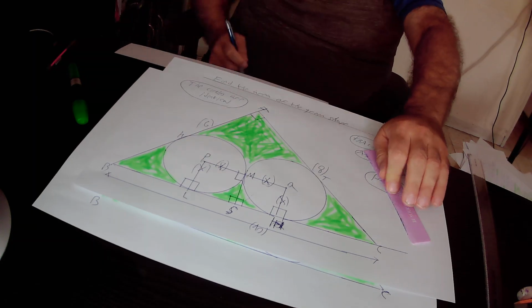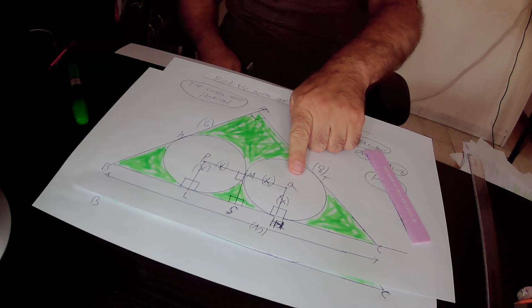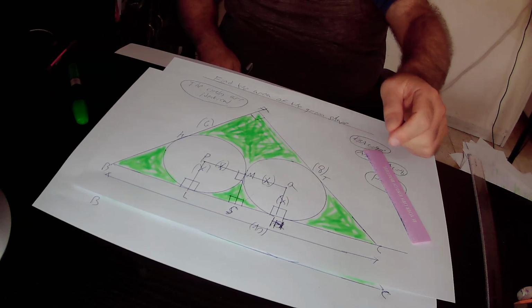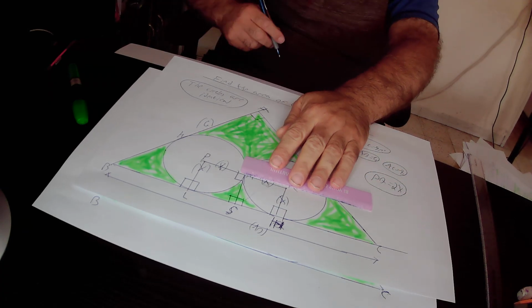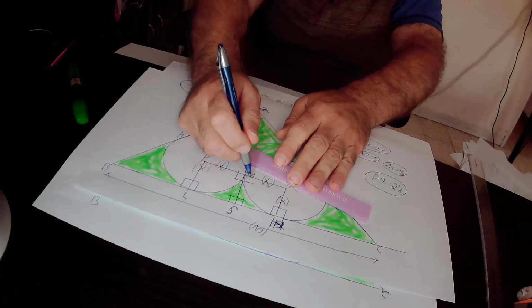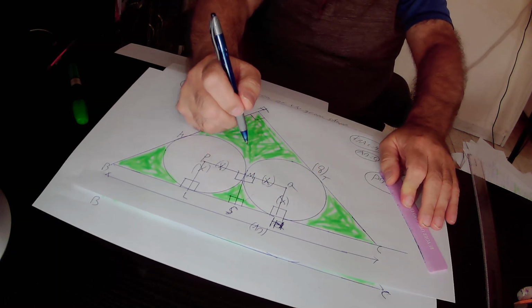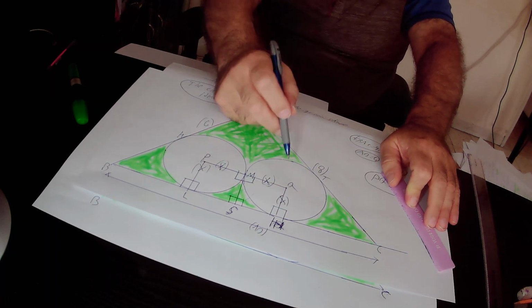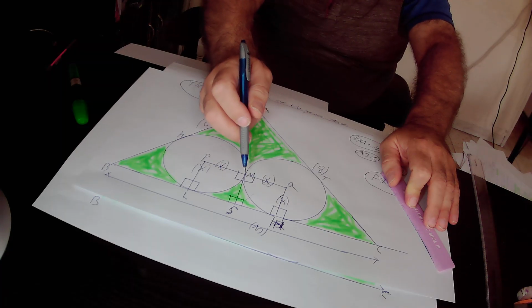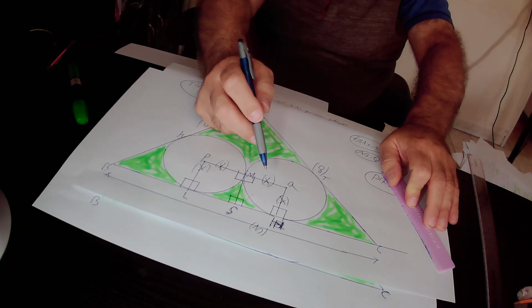Likewise, SM is a tangent to this circle at point M. And according to rule 1, this angle equals 90 degrees. So in this small quadrilateral QMSH, we have 1, 2, 3 right angles.